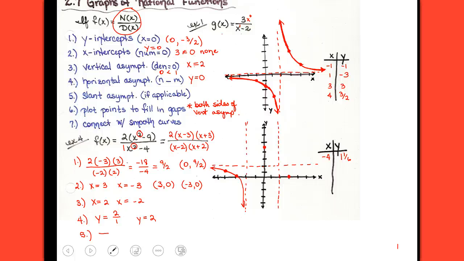The way that we did that before to test for even or odd was we put a -x in the place of x in our function. And if you get the exact same thing you started with, it's an even function. Even functions are symmetric with respect to the y-axis. That means that if you fold your function on the y-axis, it folds on top of itself.